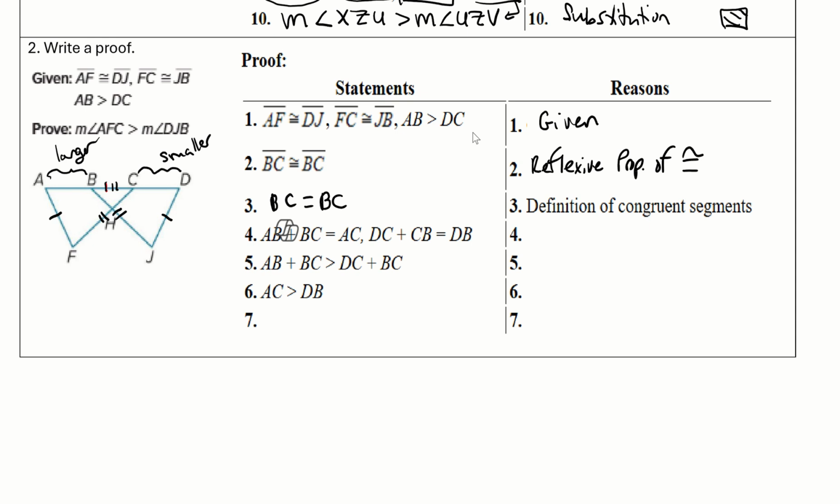All right, and then notice that for number 4, it says AB plus BC, so that's this plus this equals AC. That's the segment addition postulate because you're taking two segments and putting them together, right? So that's classic SAP, segment addition postulate.